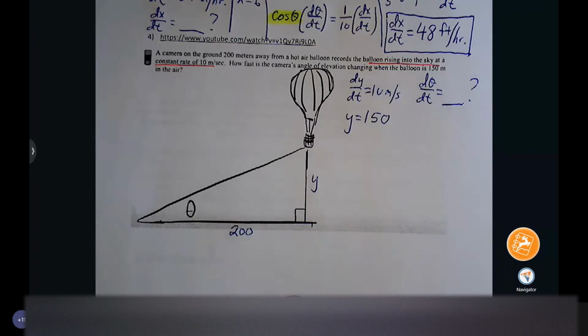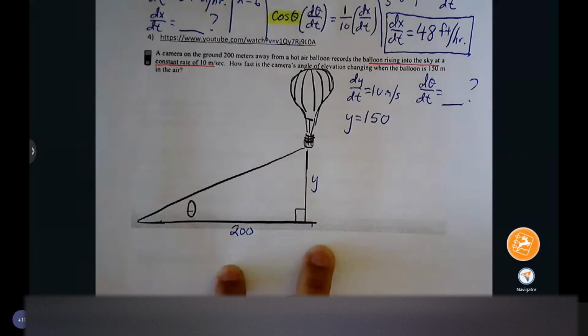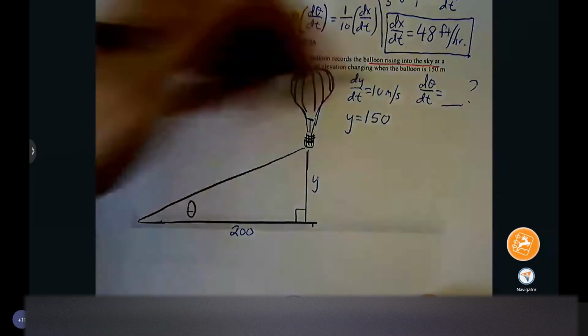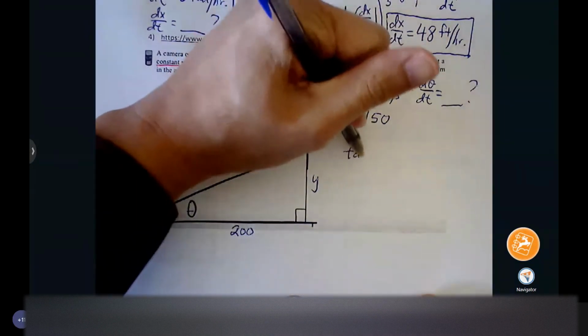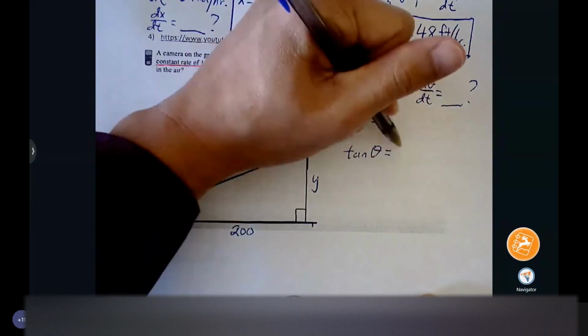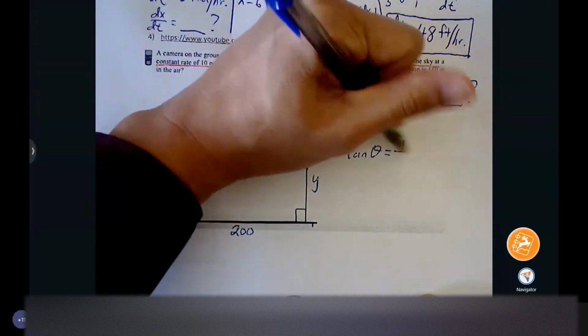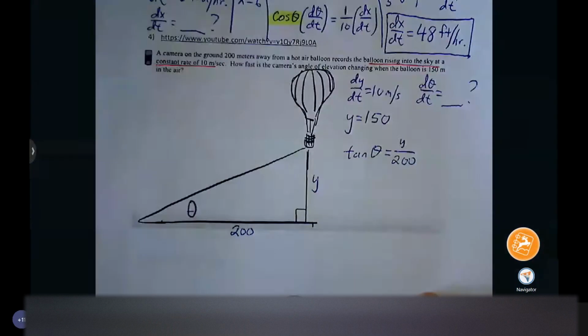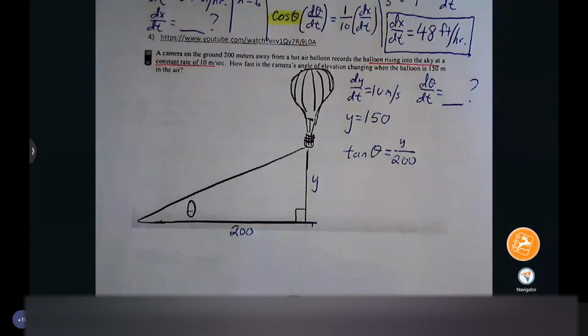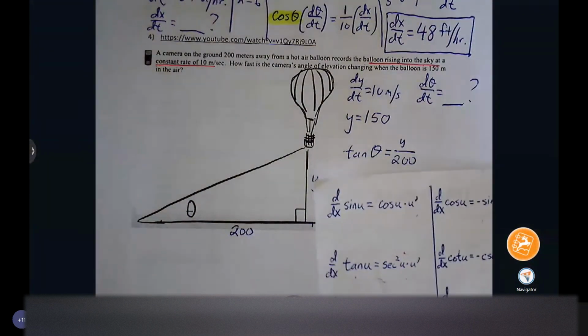Let's make sure we're on the right track here. Which trig function are we using? Tangent. As a reminder, tangent's derivative is secant squared.